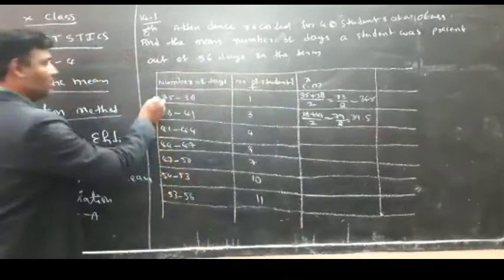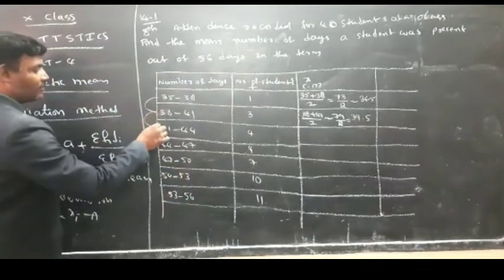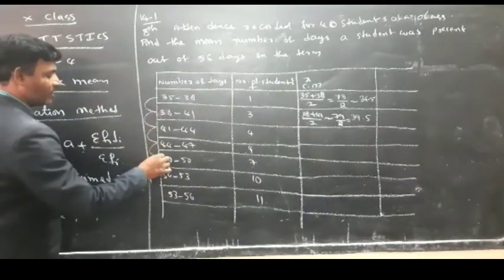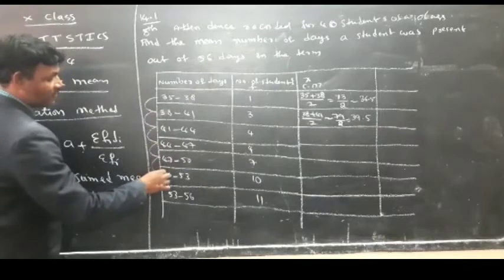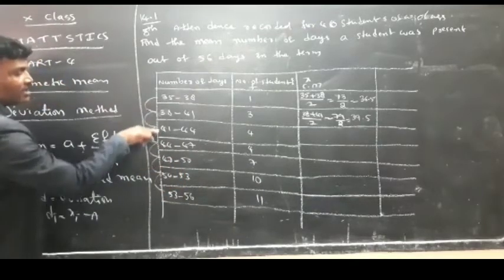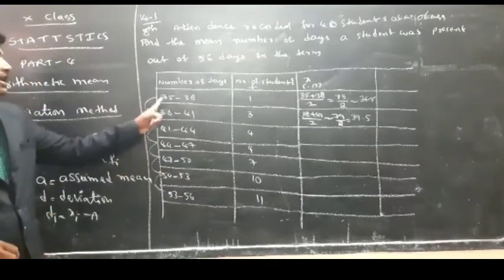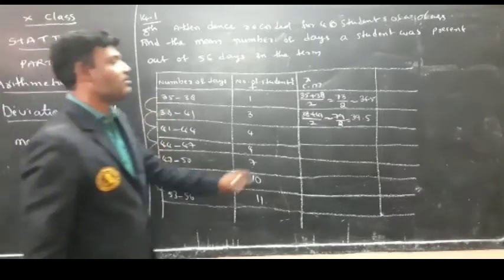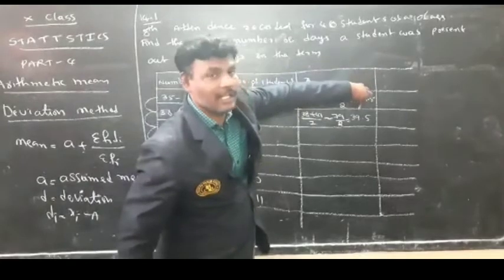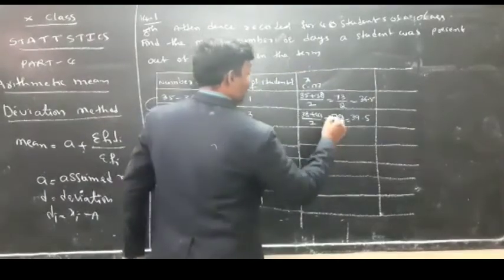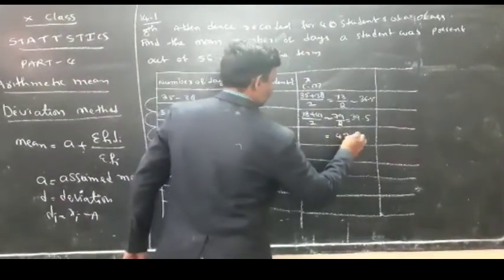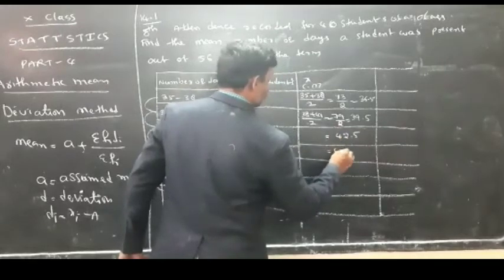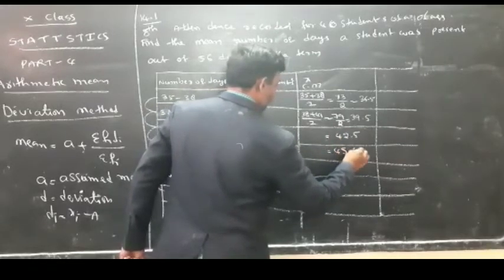39.5. See here, 35 to 38, 38 to 41, 41 to 44, 44 to 47, 47 to 50 and 50 to 53. What is the increase here? 3. So that increasing value is the same in each and every class. So here also, 36.5 plus 3, 39.5. Then after 39.5 plus 3, 42.5. 42.5 plus 3, 45.5.